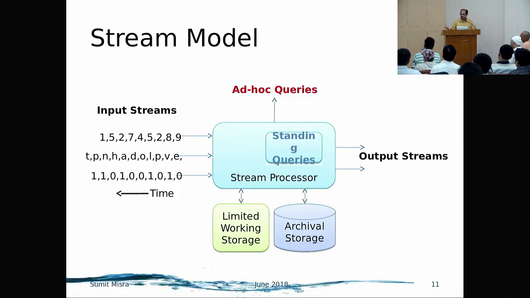And there are ad hoc queries. The problem is with ad hoc queries, because we'll come to that, why it is very difficult to answer ad hoc queries and how to handle that. And then you have the output stream. And if you look below, there are two boxes. One is the archival, where all the transactions are stored somewhere in that big database or whatever. But there is a small working storage area, which again Bimalda said that we have something here like the tables.